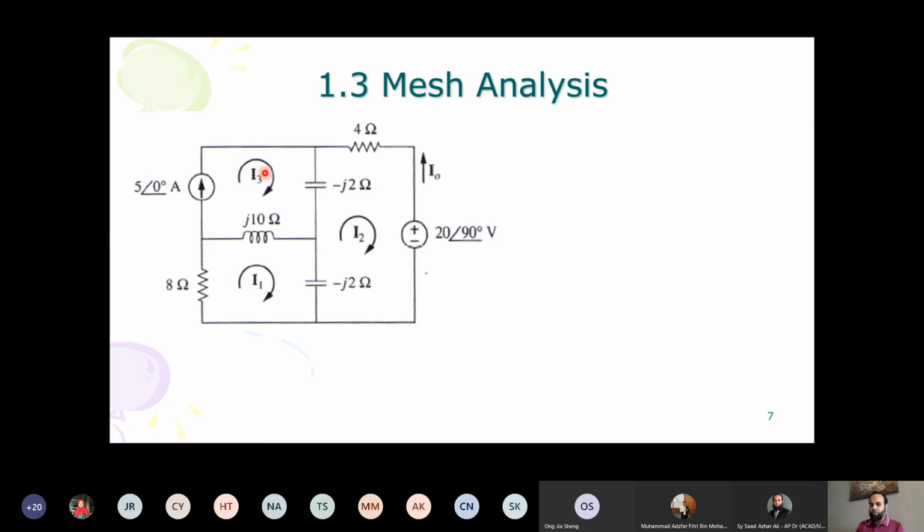We start writing the equations of the mesh. Let me bring my pen again.